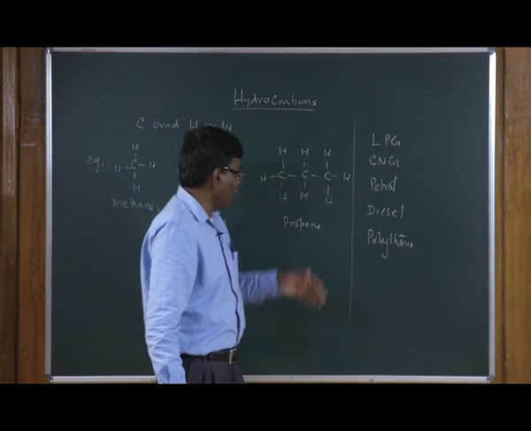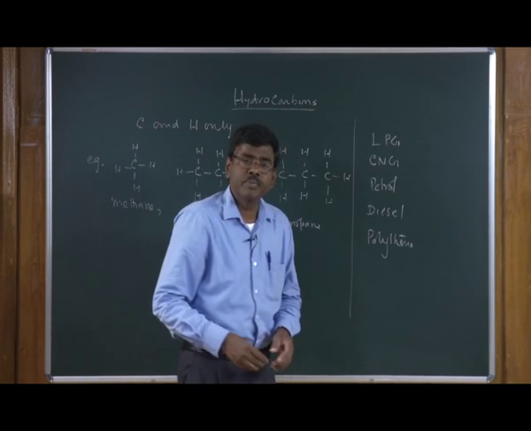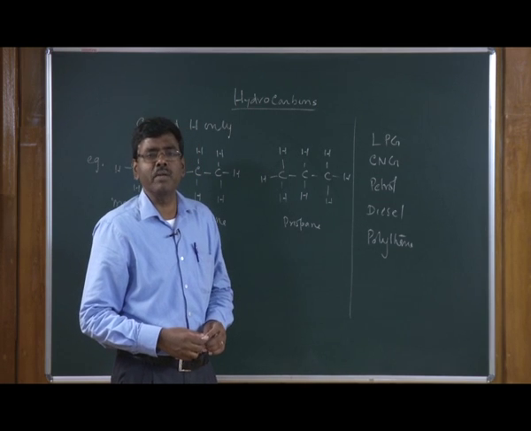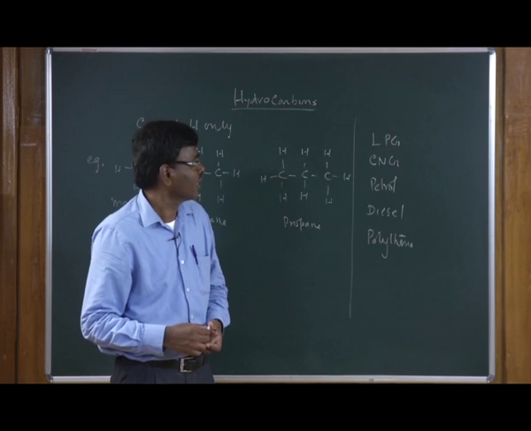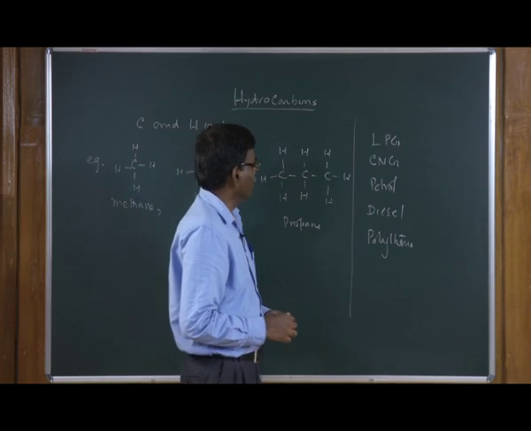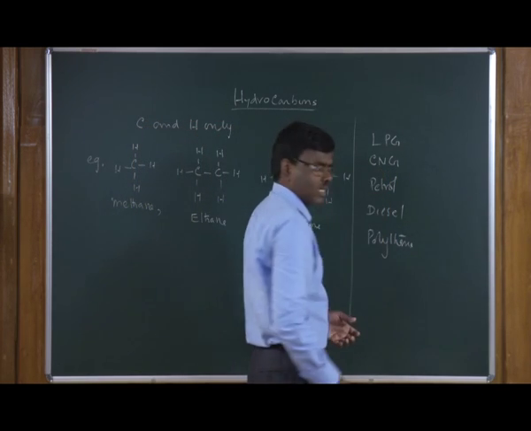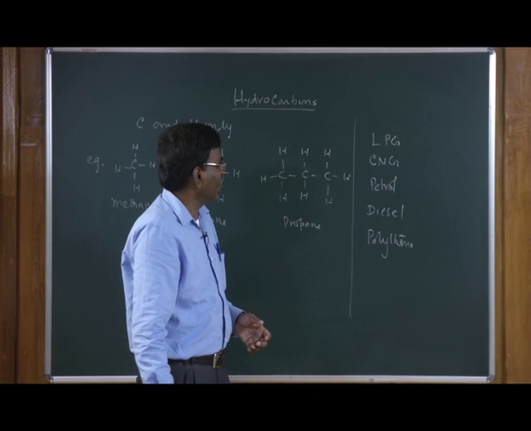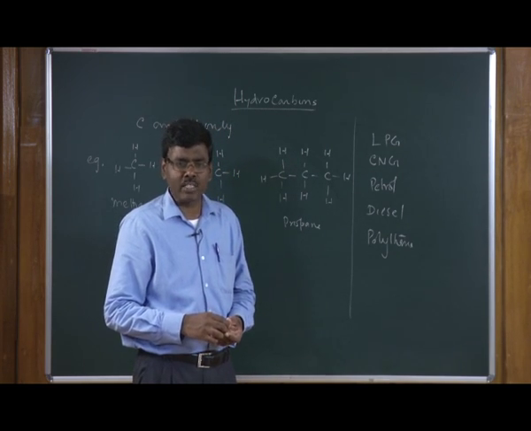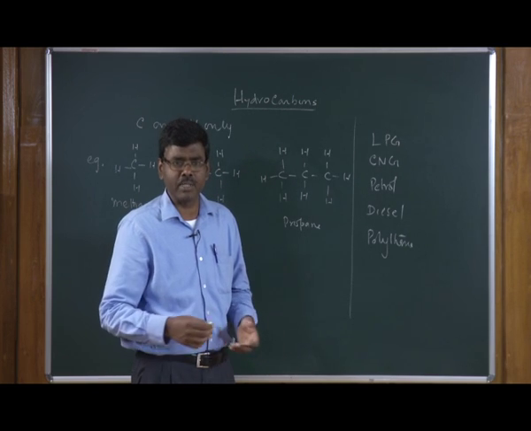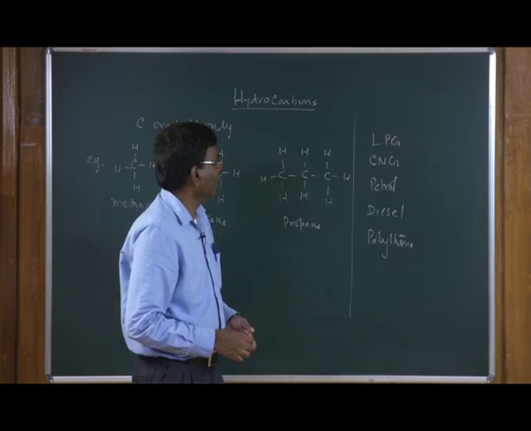LPG is the abbreviated form of liquefied petroleum gas. We use it as fuel in homes, and CNG is compressed natural gas. Petrol and diesel are obtained by fractional distillation from petroleum, which is obtained from the earth's crust.